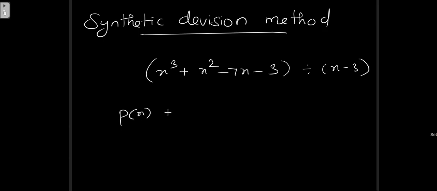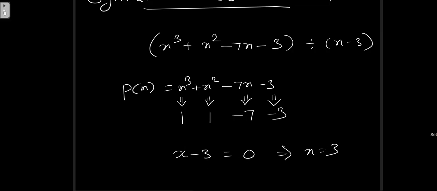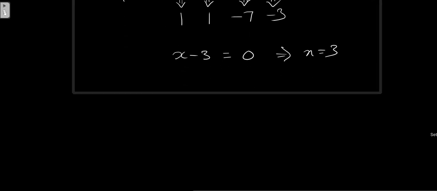The coefficients of p of x, in descending order with x powers 3, 2, 1 and 0, are 1, 1, minus 7 and minus 3, the last being the constant. Then divided by x minus 3: x minus 3 is equal to 0, then x is equal to 3. Now we'll do the synthetic division method.